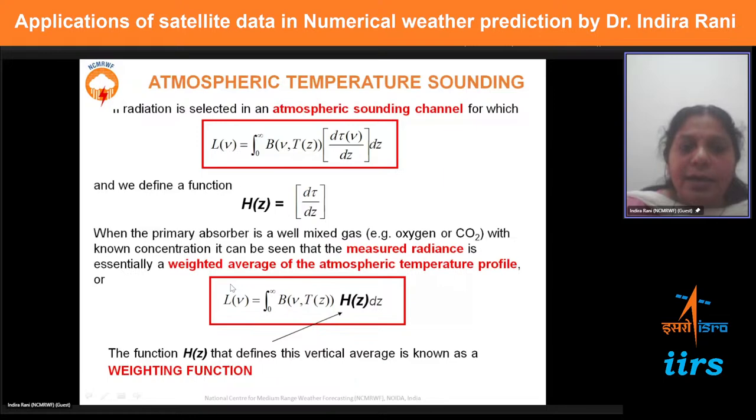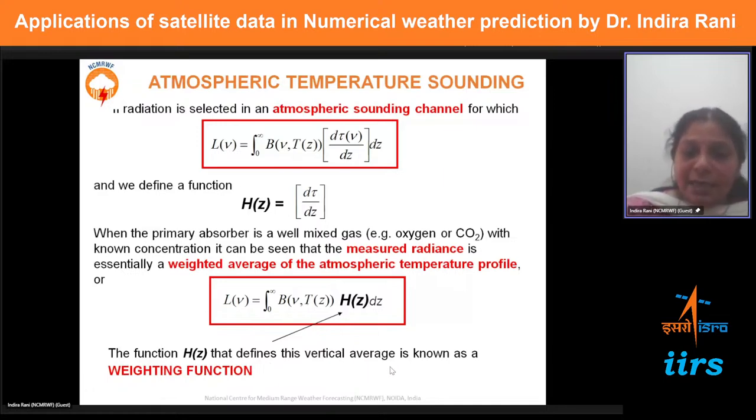So the measured radiance L at a particular frequency is the weighted average of atmospheric temperature. This is the Planck term, where we have the temperature. The function used for this weighting is known as the weighting function, which defines the vertical average.